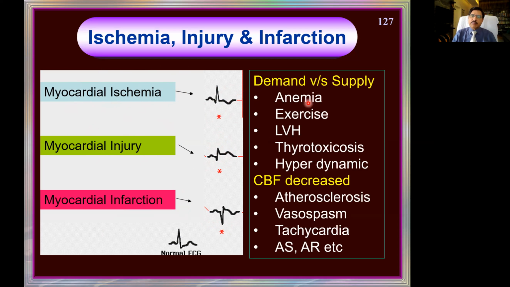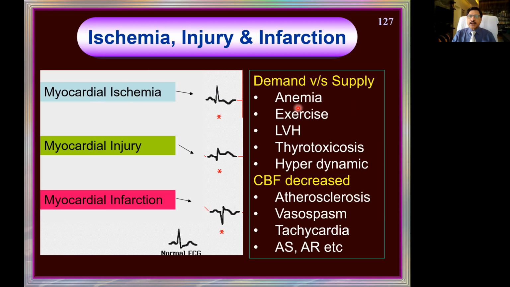What are the conditions which cause an increase in the demand? Of course, anemia. Anemia, why? The quality of blood is very poor. Though 5 liters is there, the oxygen carrying capacity is lower, so the heart is not able to meet the oxygen demand because there is 8 grams hemoglobin or 6 grams hemoglobin. So anemia is one condition which produces high demand. Exercise.